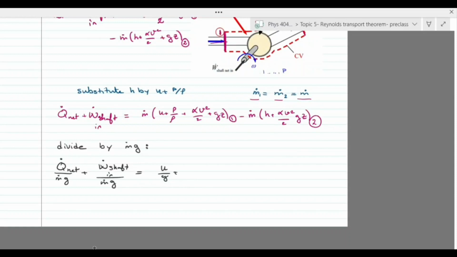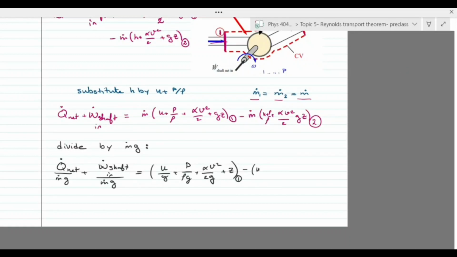U over g plus P over rho g plus alpha V squared over 2g plus z, one minus... oh, I forgot to substitute this by u plus P over rho.